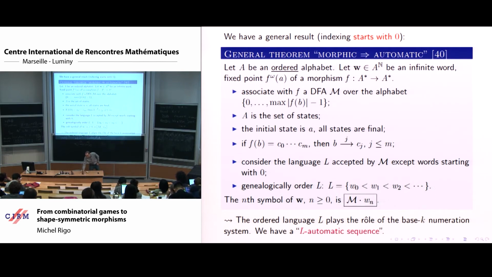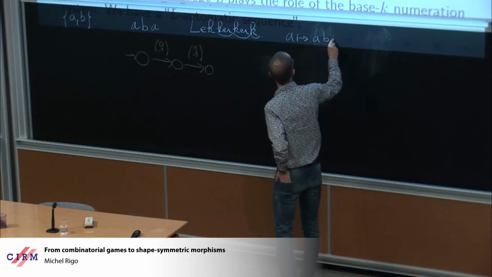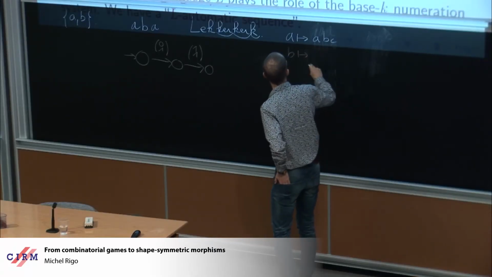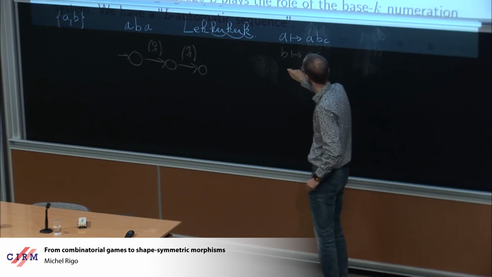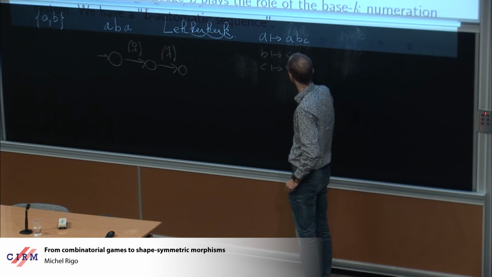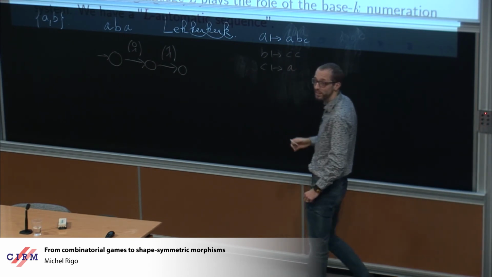So if you give me a substitution, constant length or non-constant length, whatever, let's say A gives ABC, B gives CC, and C gives A, something like this.